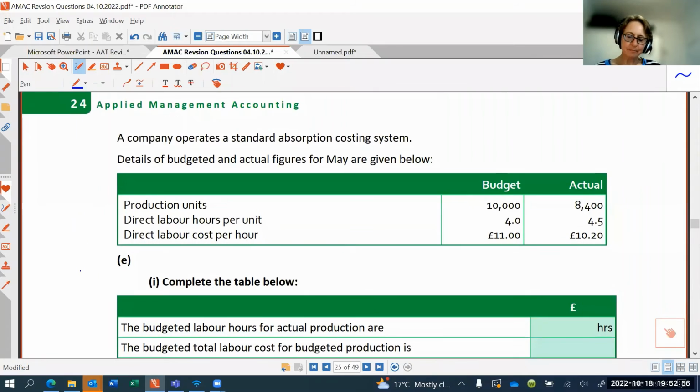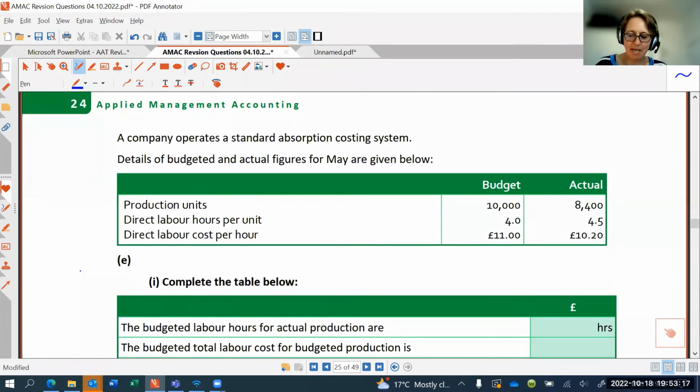Why not? So part E, a company operates a standard absorption costing system. Details of the budgeted and actual figures for May are given below. Now, I actually like this question. That's the first time I feel like we're being presented with the information in a more logical format, in a table.